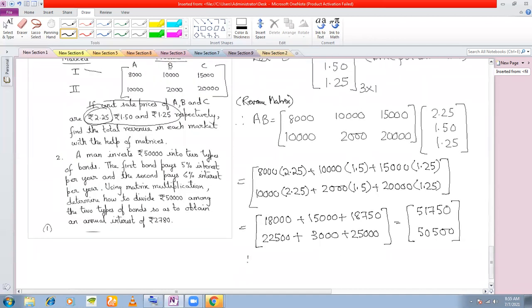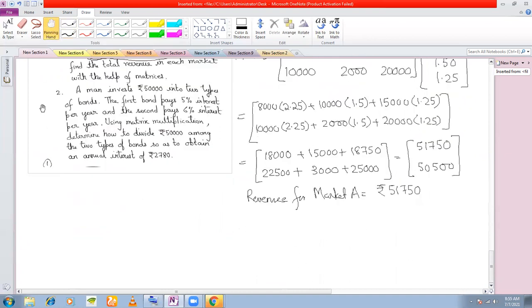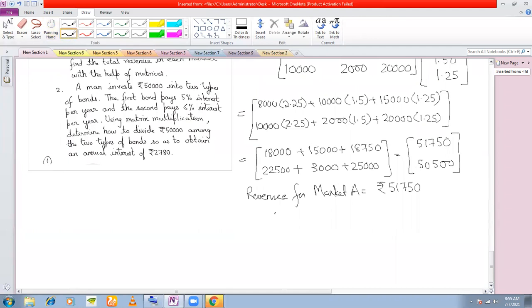So what is our revenue for market A? It is rupees 51,750. What is the revenue of market B?